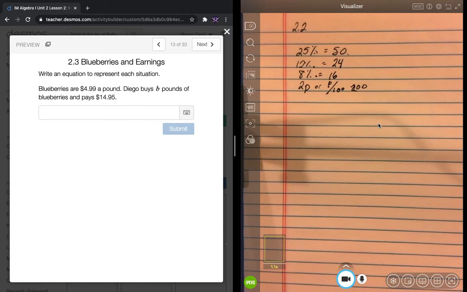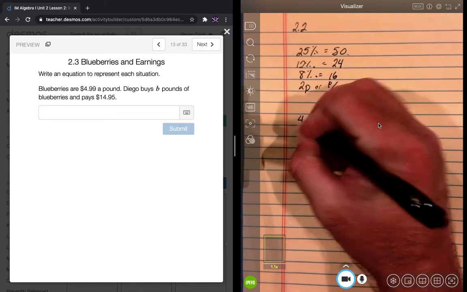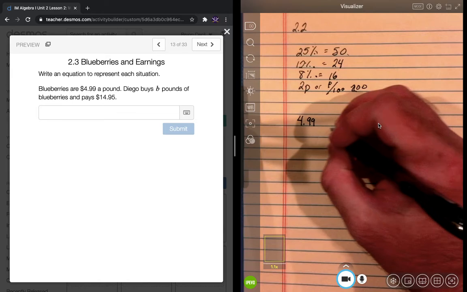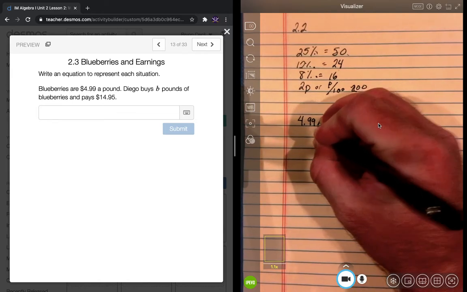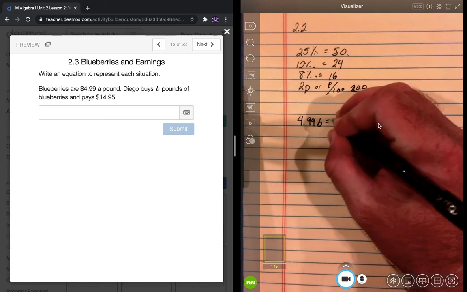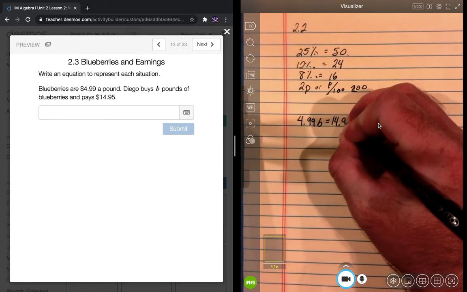Diego buys B pounds of blueberries and pays $14.95. Okay, so if we were to figure out his pounds, remember, he said that it was $4.99 a pound. Do we know how many pounds he bought? No, that's B. Okay, but we do know that the total amount he pays was $14.95.